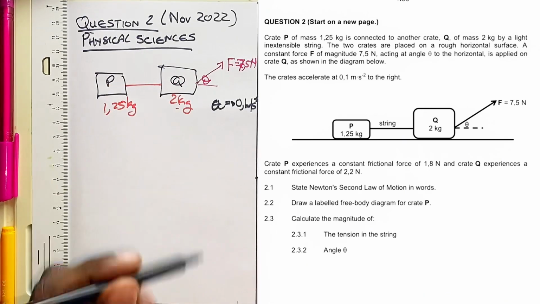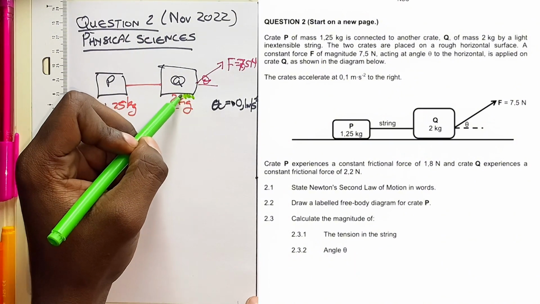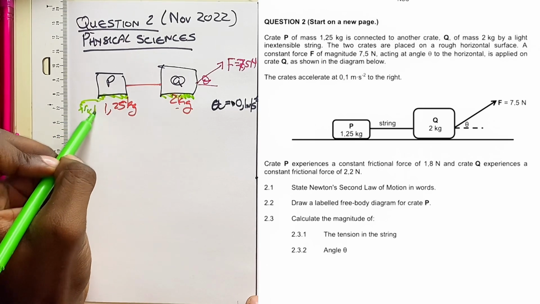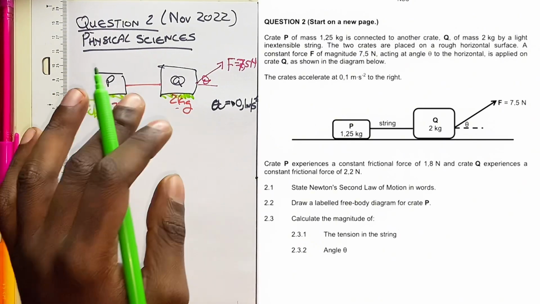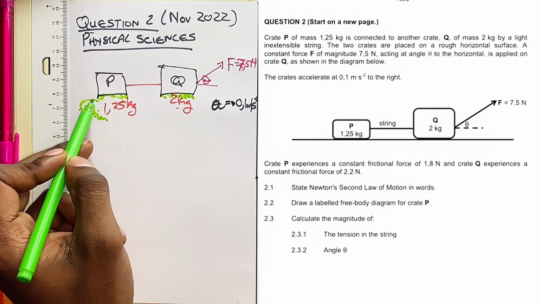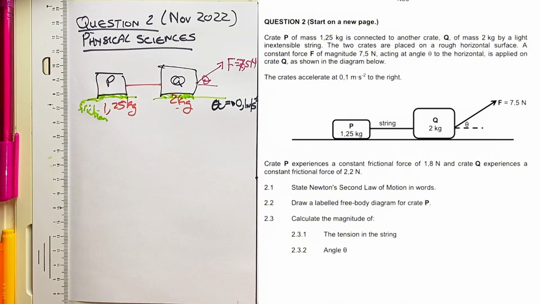They are placed on a horizontal surface. That means that on our surface here we'll have some friction. As soon as they say a rough horizontal surface, that means there'll be friction between the surface and the grades.